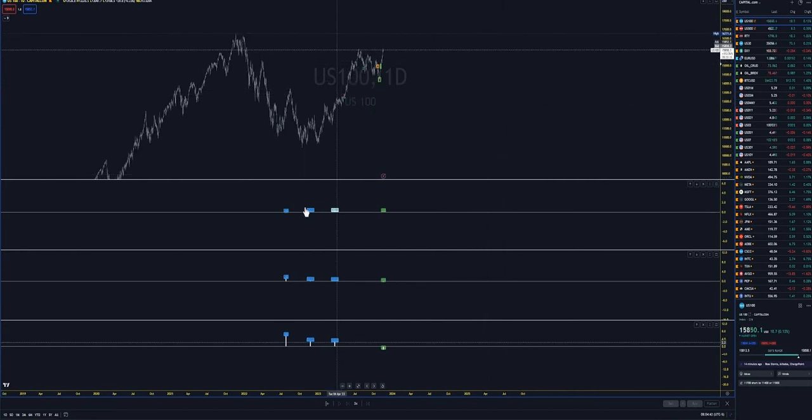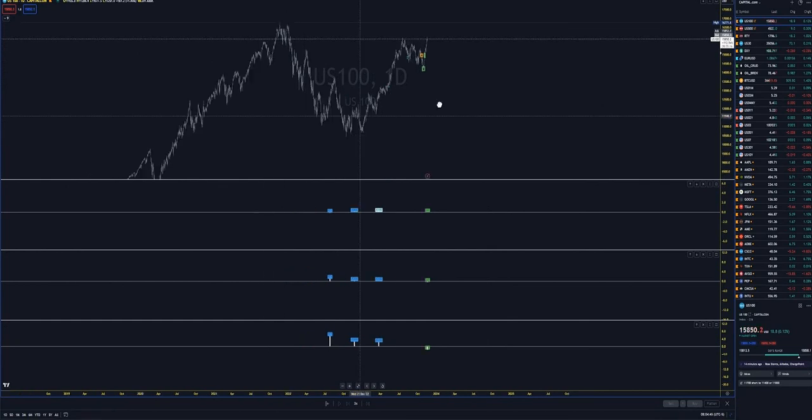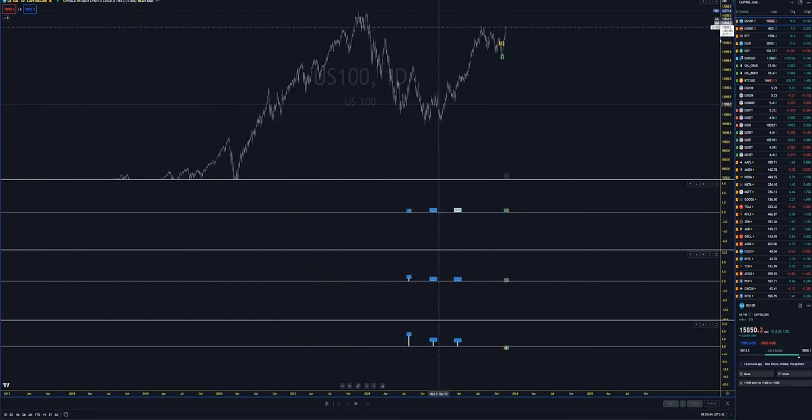So now on the larger time frame, we see here in 2021, okay? So as we had 16,700, how precisely the market was working here. So I put it on 52 weeks.